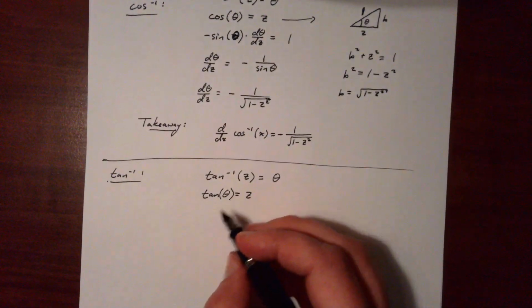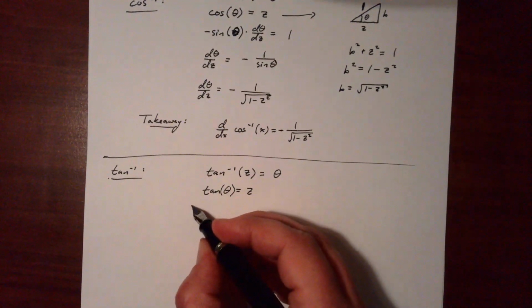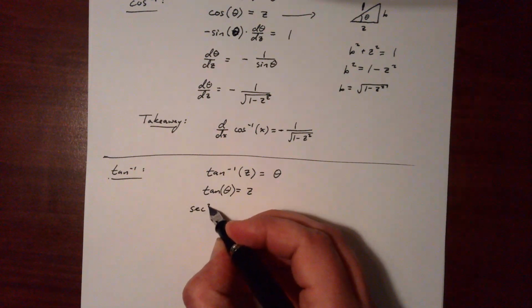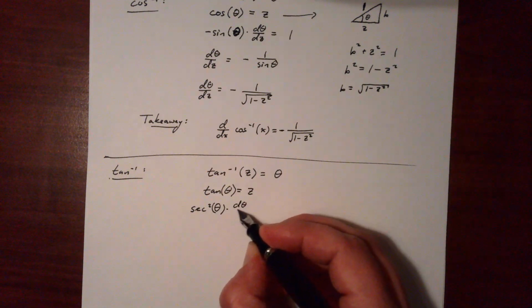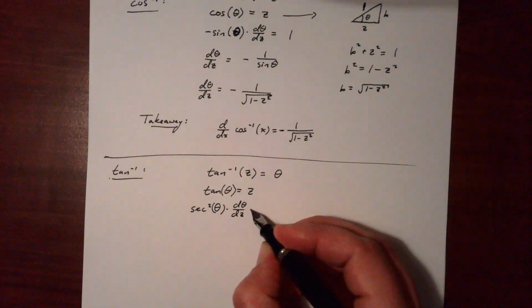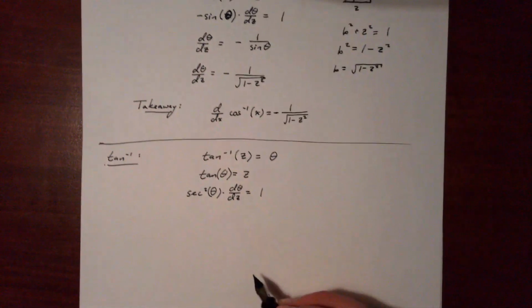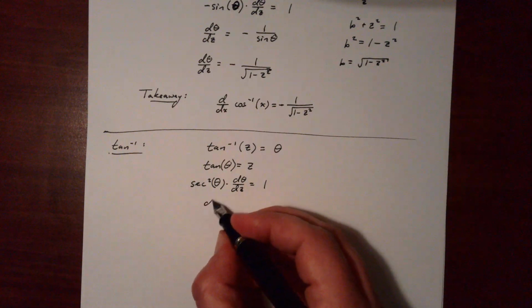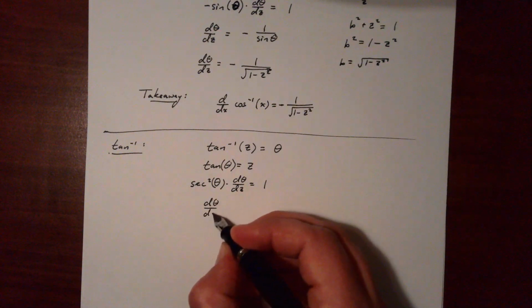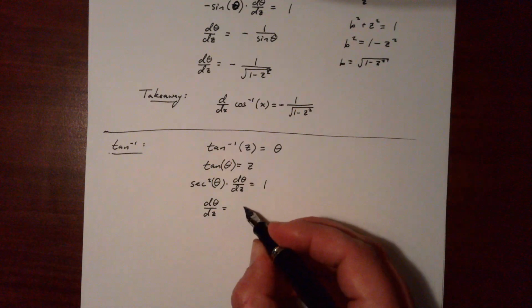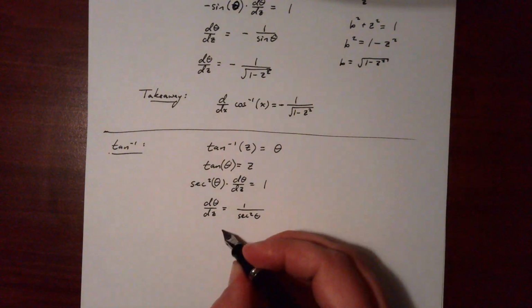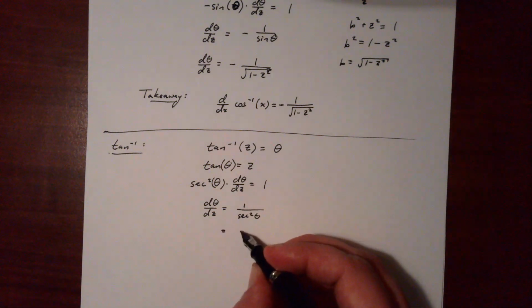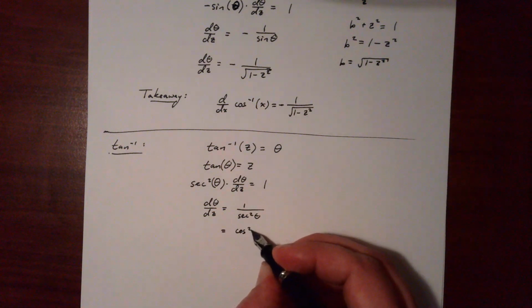So now I can take the derivative of both sides of this implicitly with respect to z, and the derivative of tangent, we remember, is secant squared theta times the derivative of theta with respect to z, and that'll just equal 1 once again because that's just a z over there. So d theta dz is equal to 1 divided by the secant squared of theta, which you'll notice is actually just the same thing as cosine squared of theta.